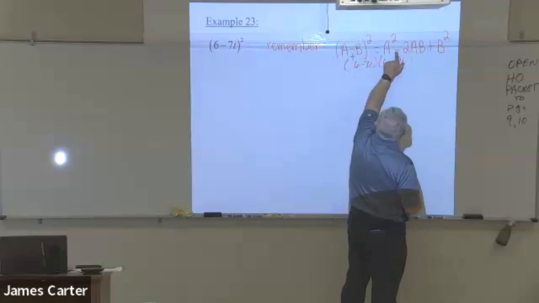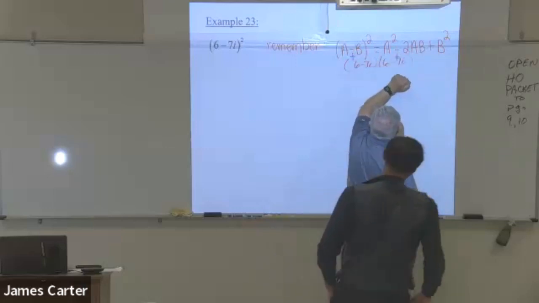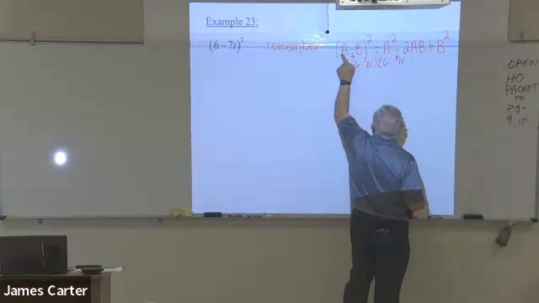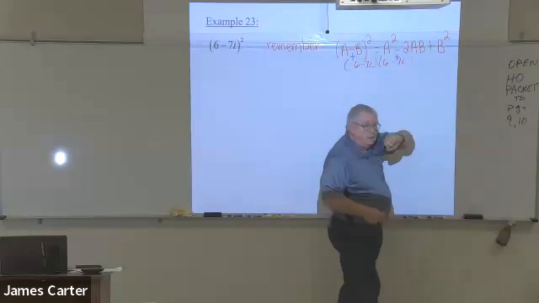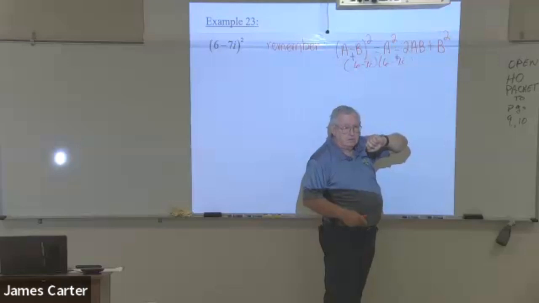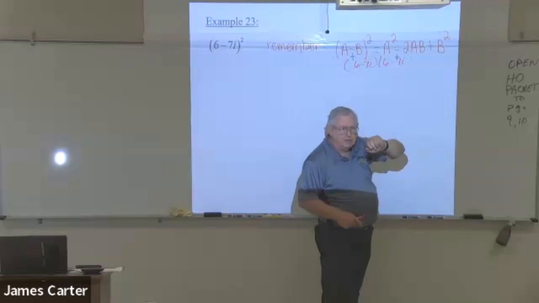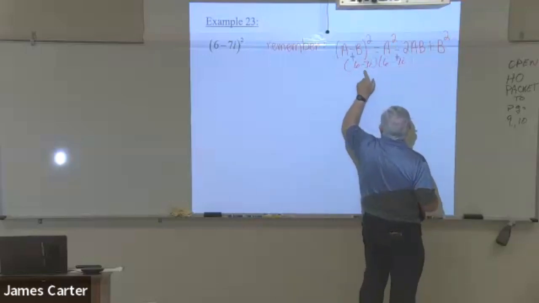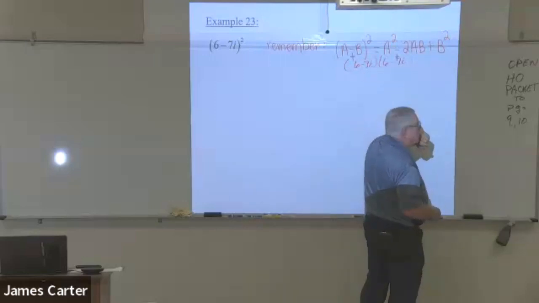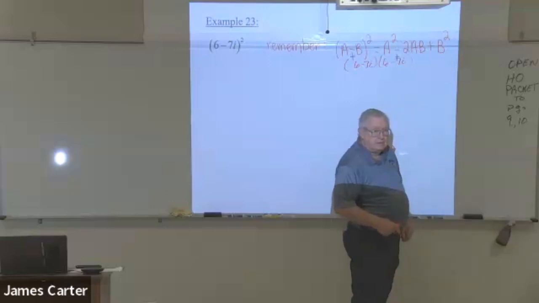In the middle, because that's a minus, if that was a plus, this would be a plus, 2 times the 6 times the 7i. You might wonder why, and I'm about to show you in a moment. And then you would have the last term, the 7i squared, which in this case would be 49i squared. Okay?